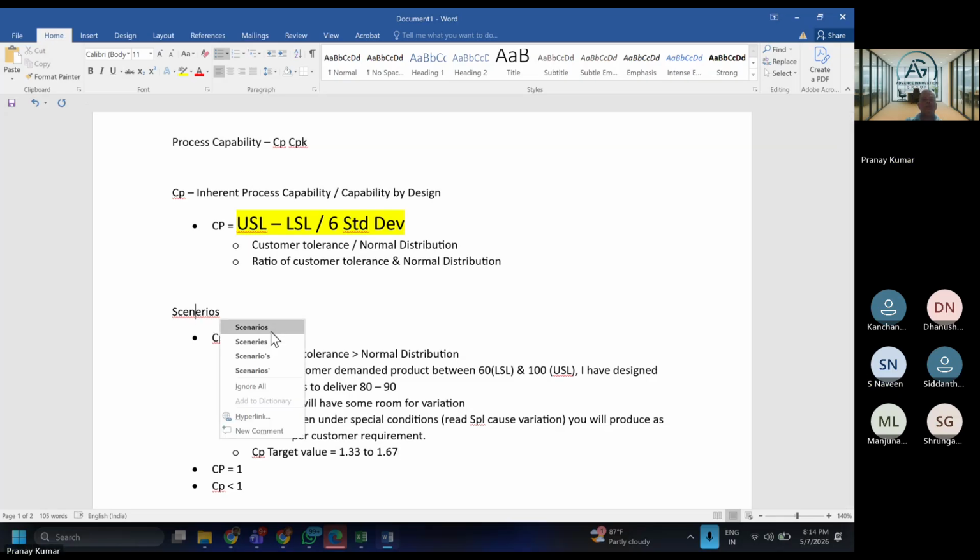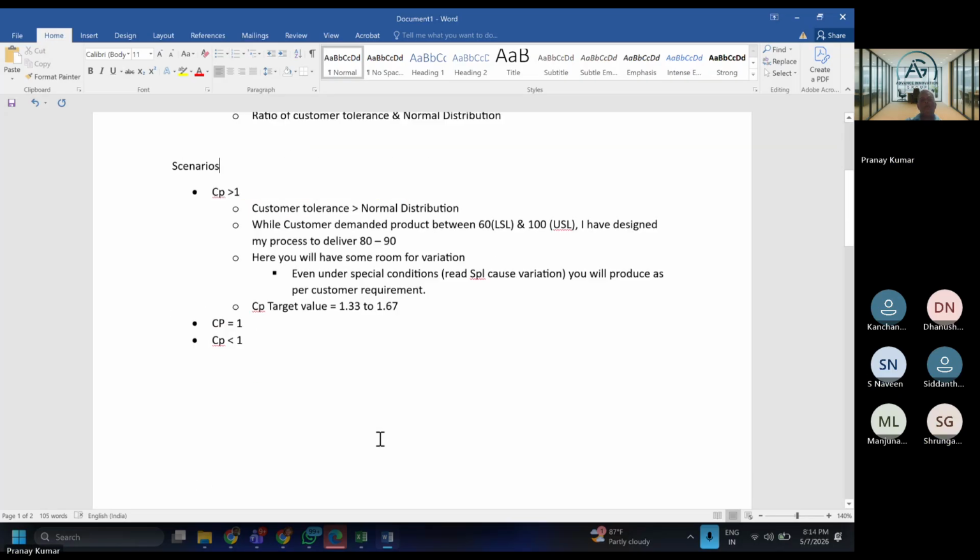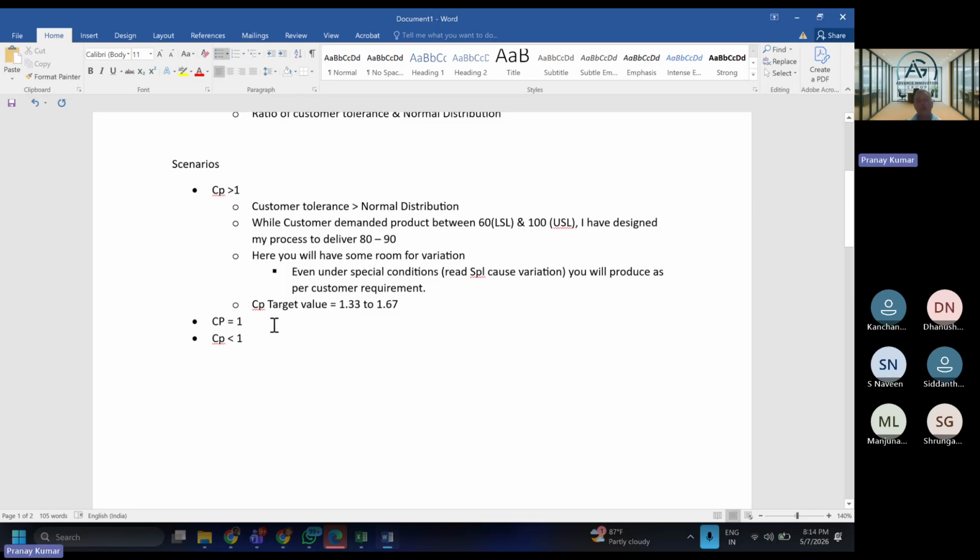Yes, sir. Situation 2, CP is equal to 1. This will only happen when numerator and denominator are the same. Correct, no? Yes, sir.